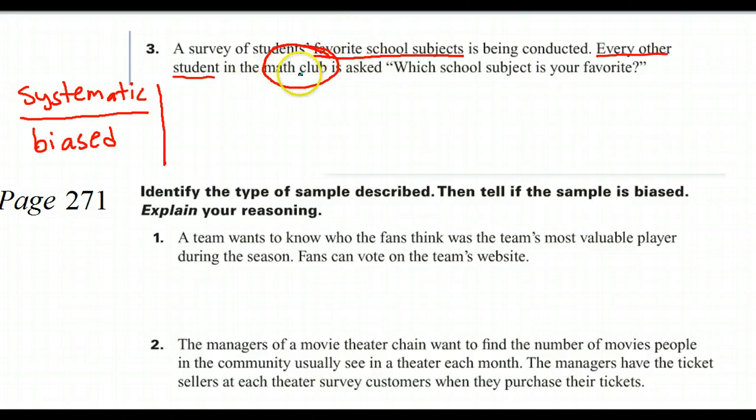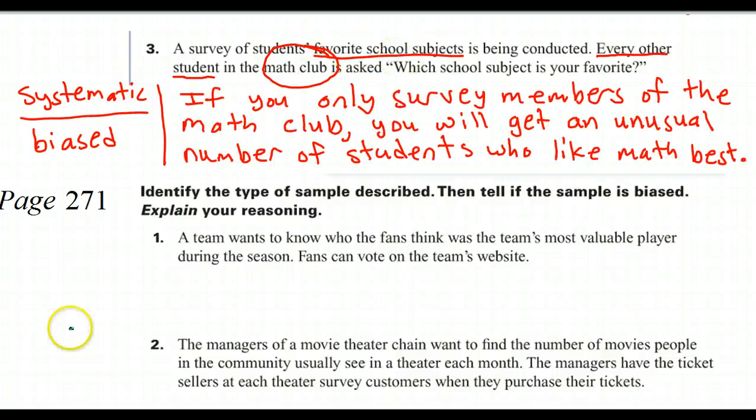So if you only ask members of the math club, you're going to get an unusual percentage of students whose favorite subject is math. Okay, so I just wrote that down. If you only survey members of the math club, you will get an unusual percentage of students who like math best. I'll change this number to percentage.